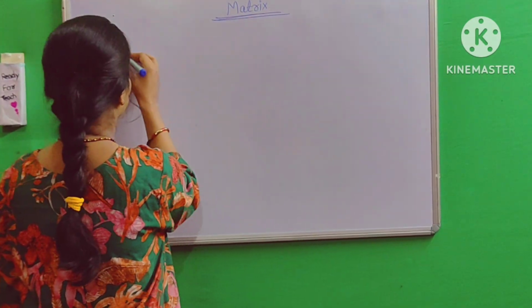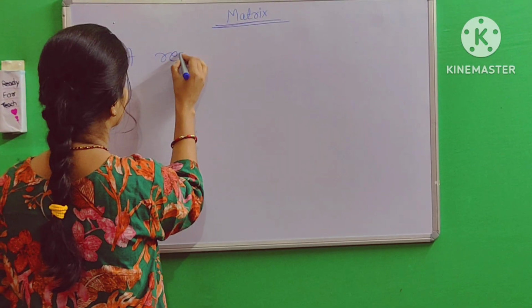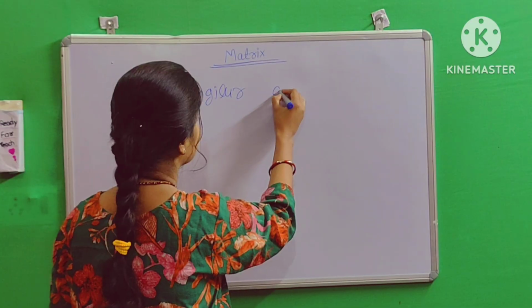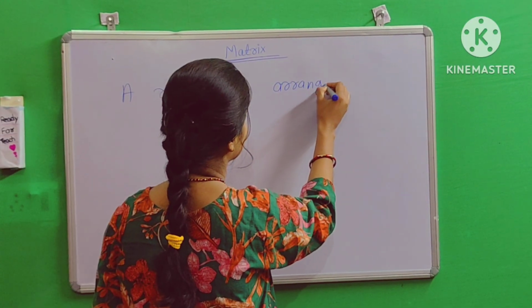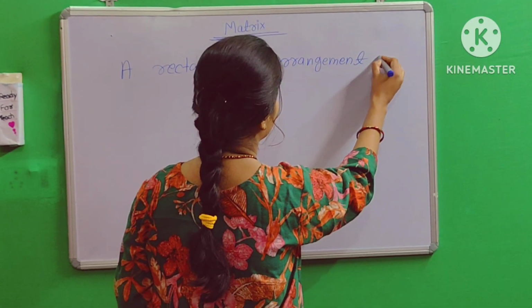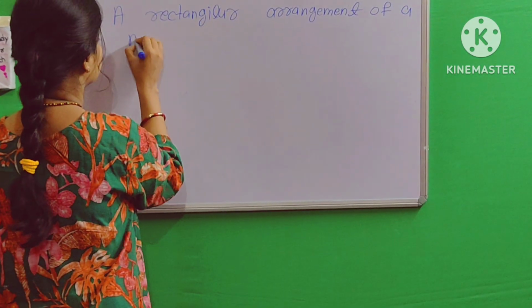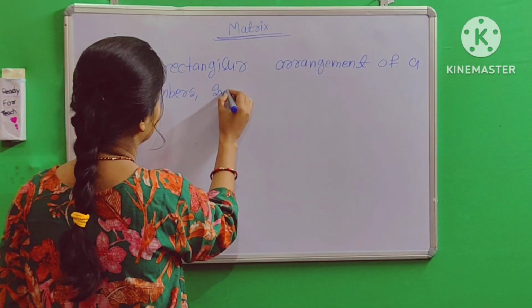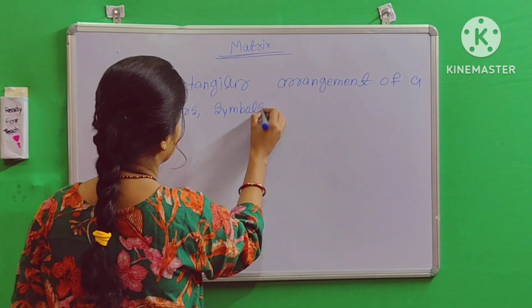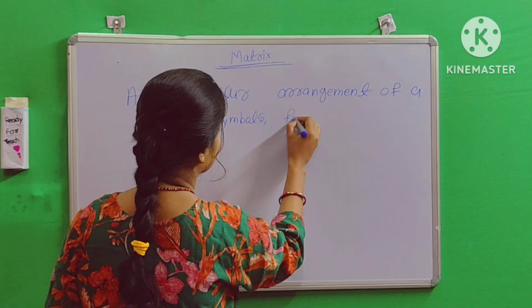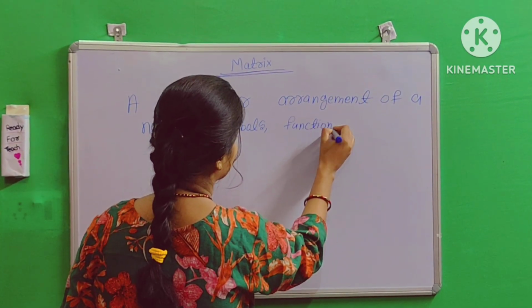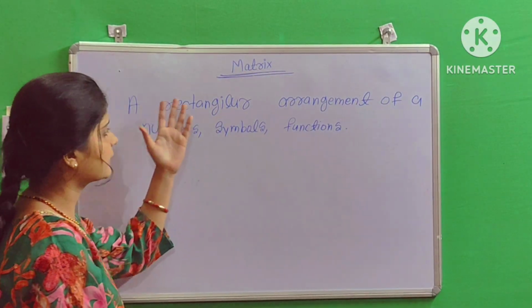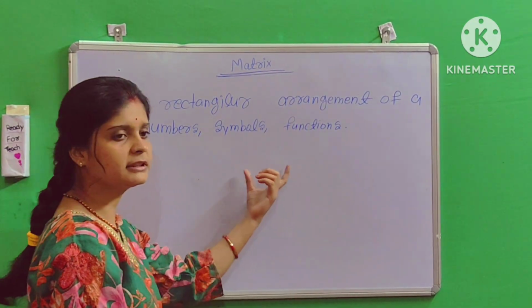Definition of matrix is a rectangular arrangement of numbers, symbols, functions.